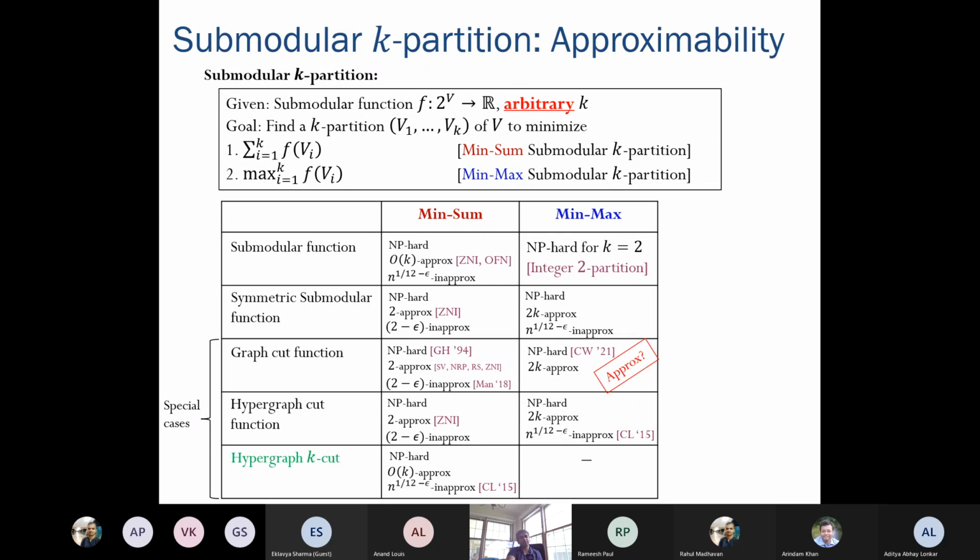We have this inapproximability result for min-max hypergraph k partition, but that does not generalize to min-max graph k partition, so we don't quite know. So this red question mark is the only place where there may be some room for improvement. Otherwise, I don't see any more interesting questions here.